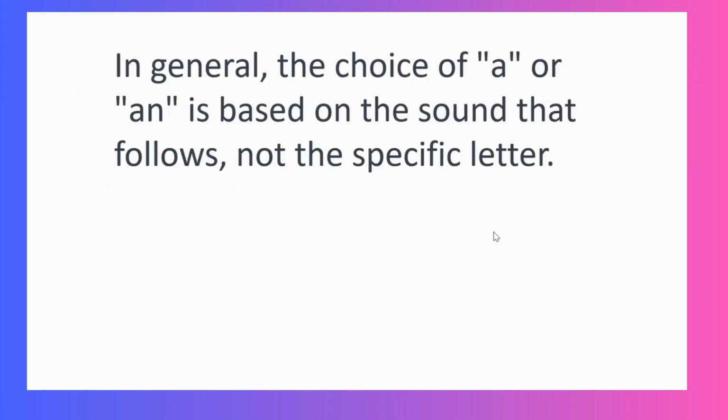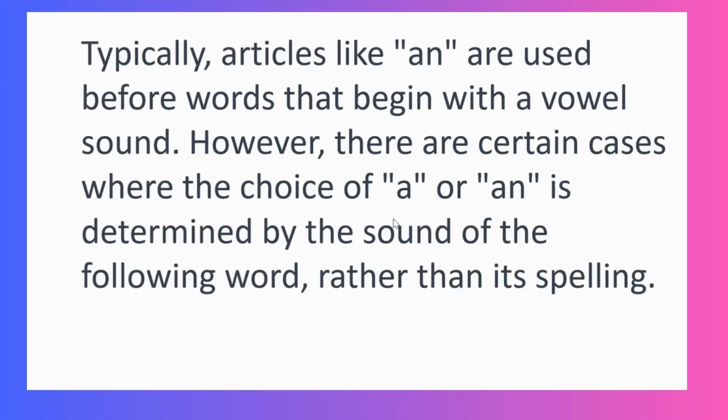Okay. In general, the choice of a or an is based on the sound that follows, not the specific letter. Okay, we would talk more about this when we do video 2, the second production about these articles. But for now, for beginners, just look at it as the first letters and the first sounds. Try to master them. When you master them, then you understand the second video well.